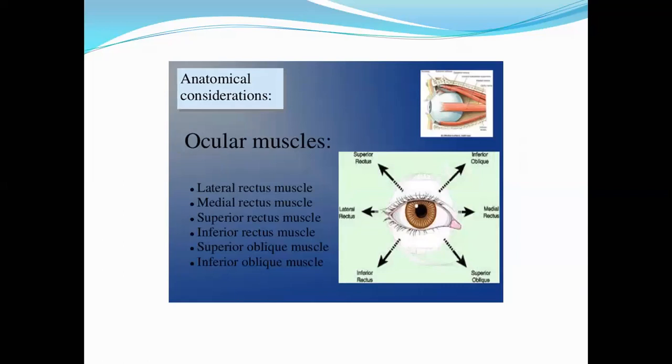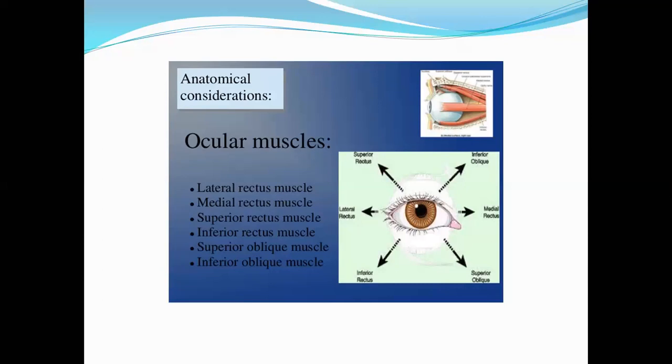The purpose of this slide in this presentation is that ocular muscles are very important in judging which muscle is entrapped due to any part of the orbital floor fracture. As our presentation is focused on the orbital floor fracture, I'm sticking to it.